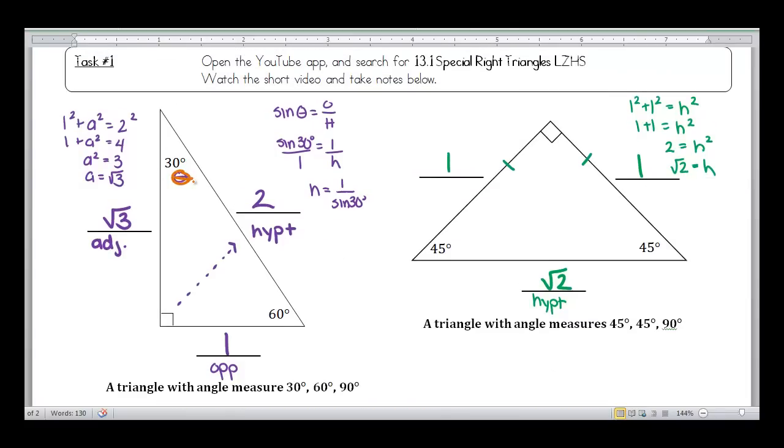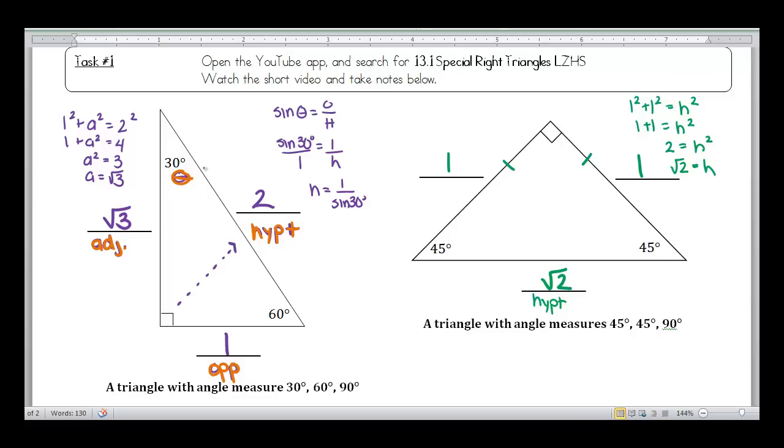And so that means the 1 is still going to be the opposite side. The root 3 is still going to be the adjacent side, and the 2 will still be the length of the hypotenuse. Using that, I can go ahead and fill in the different ratios.